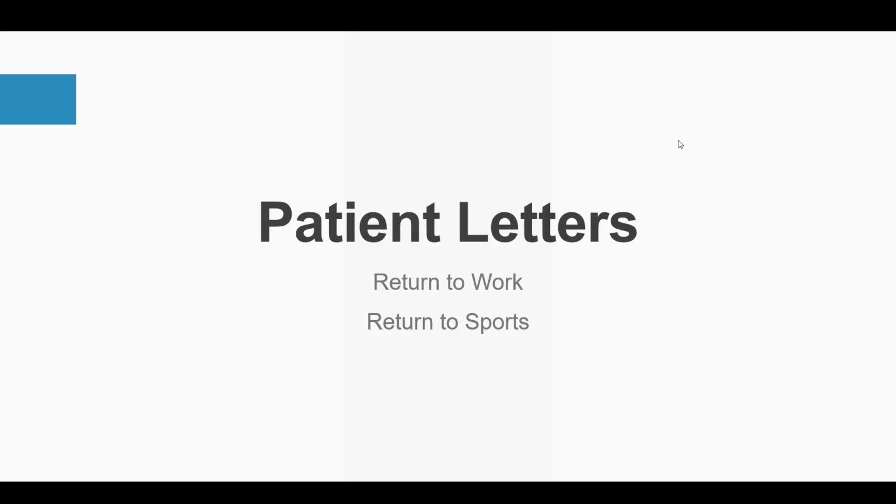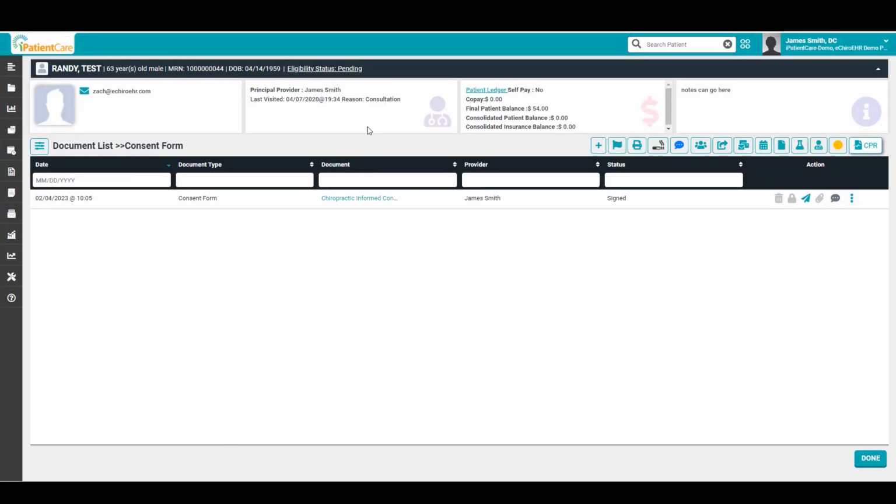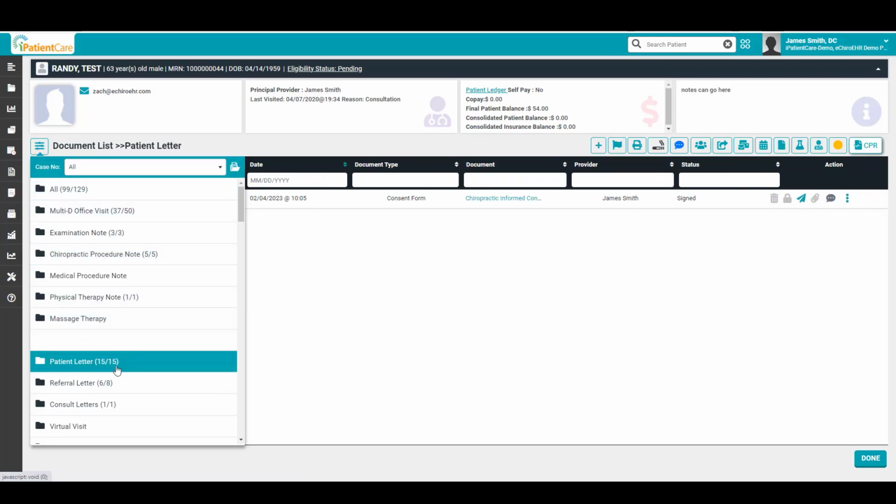Next are patient letters. Now within the note example that we completed, we can go ahead and demonstrate a patient letter, which would be a return to work letter. So we would simply go to the document list on this particular patient. We are already in the patient's chart, and we would select patient letter.